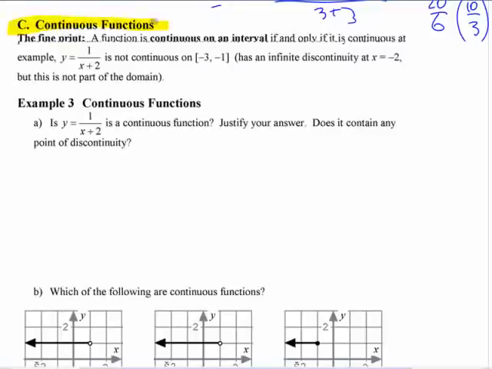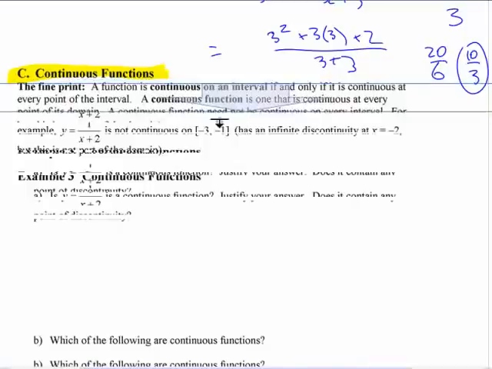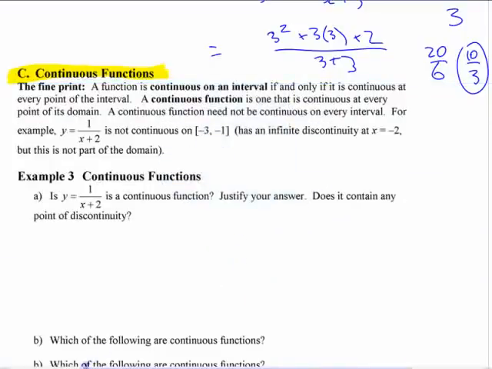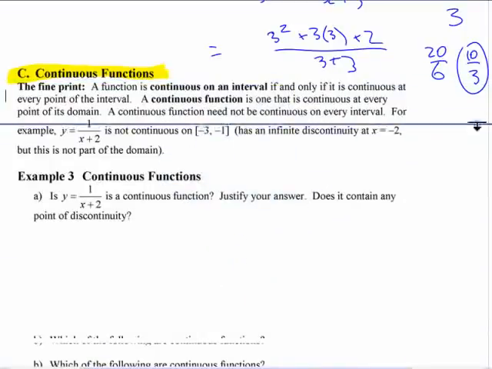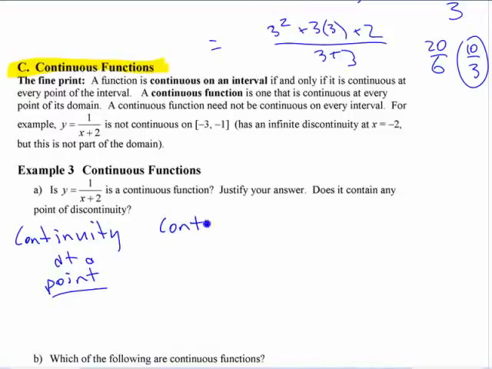This is back to talking about whether a function is continuous or not. You can talk about several things. You can talk about something being continuous at a point. You can talk about continuity on an interval.